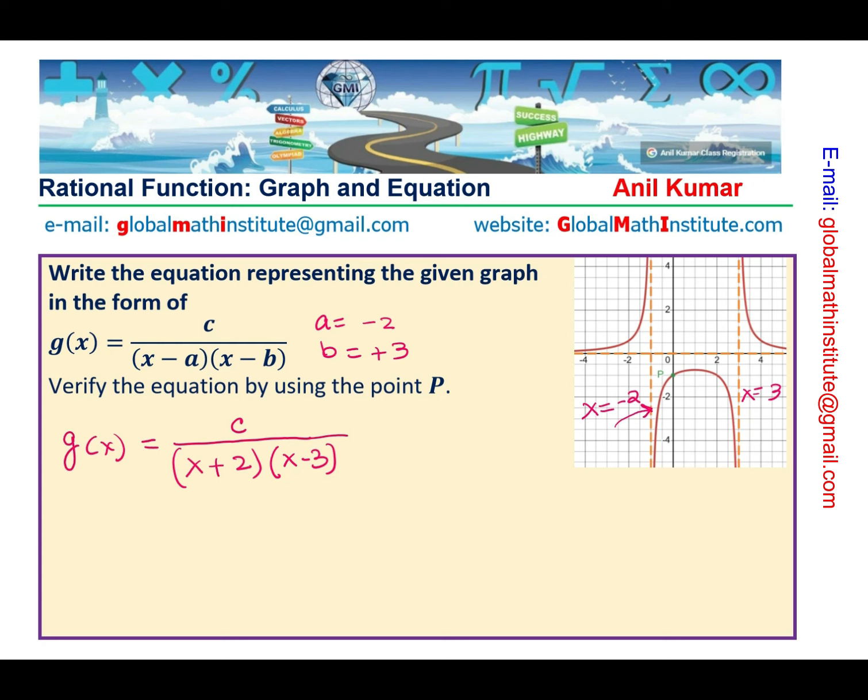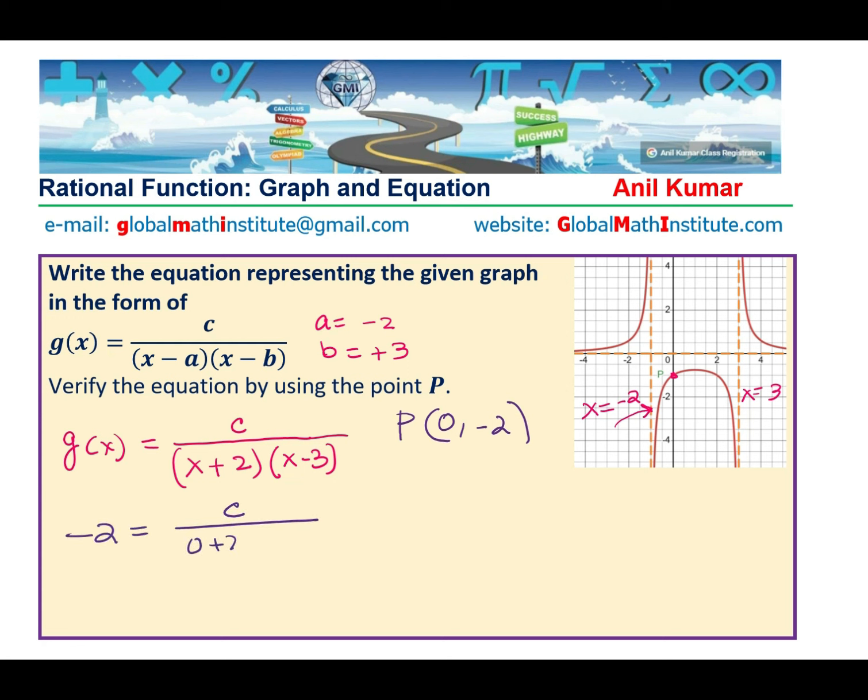Now to find the value of c, identify the point P, which in this case is 0, minus 2, right? So 0 is the x value, minus 2 is g of x. So we get minus 2 equals c over (0 plus 2), which means 2, right? (0 minus 3) means minus 3. So c over minus 6.